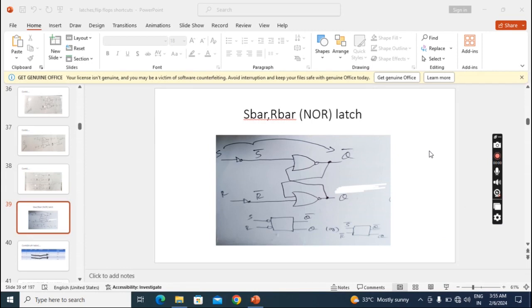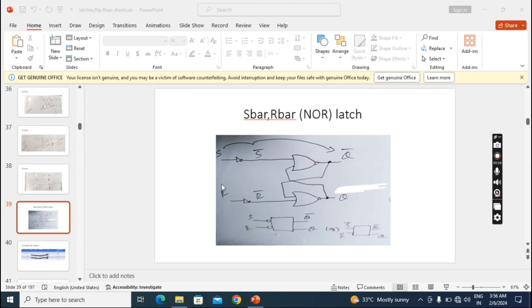Okay, in this lecture we'll discuss the S bar R bar latch. Here I have taken a non-gated SR NOR latch and I connected an inverter to S, so it became S bar, and I connected an inverter to R, it became R bar. Those S bar and R bar values go to that non-gated SR NOR latch.